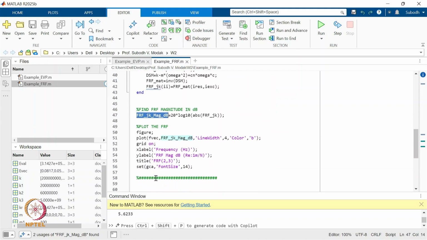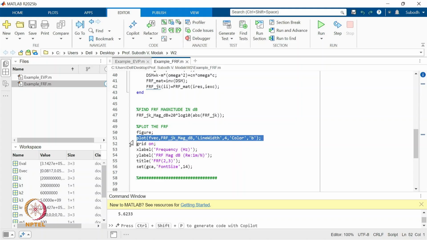And now we are plotting the FRF. We say figure, which opens a new figure, and then we use the plot command. In this plot command the first variable is the x-axis variable, which is the frequency vector f-vec, and the y-axis is the FRF magnitude in dB that we have chosen.